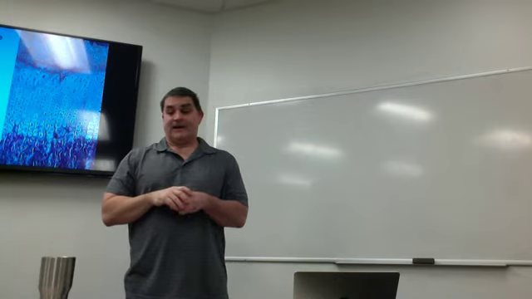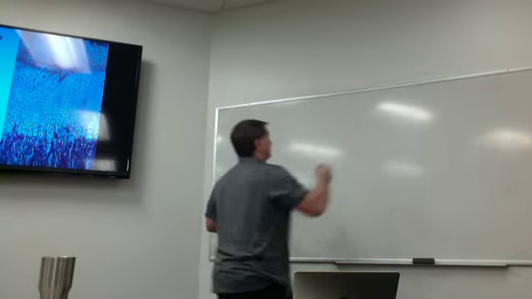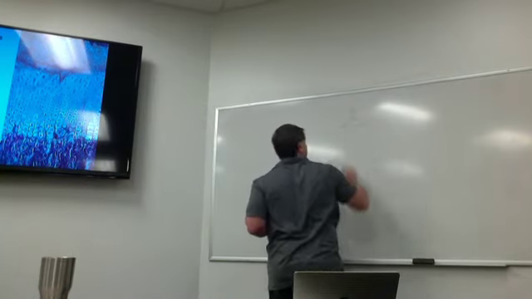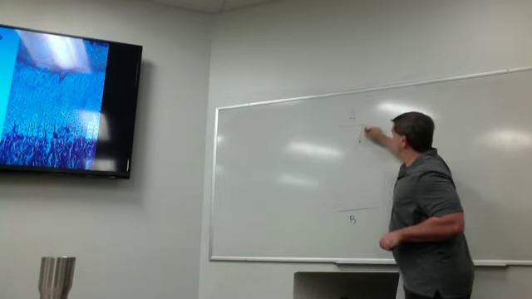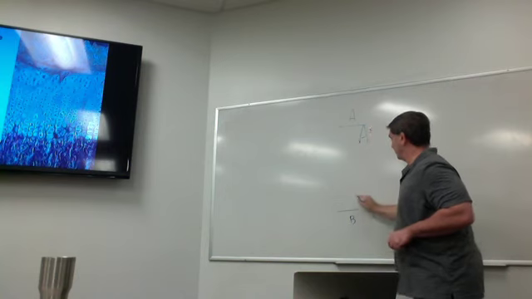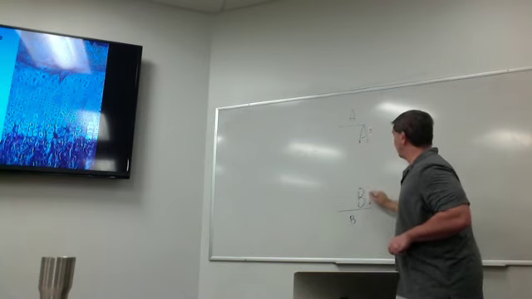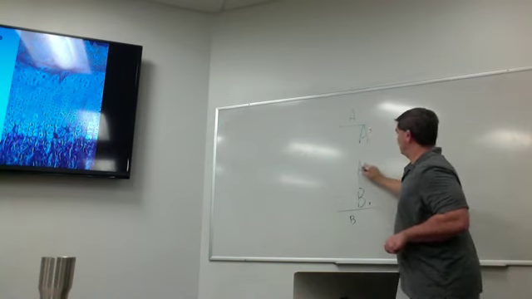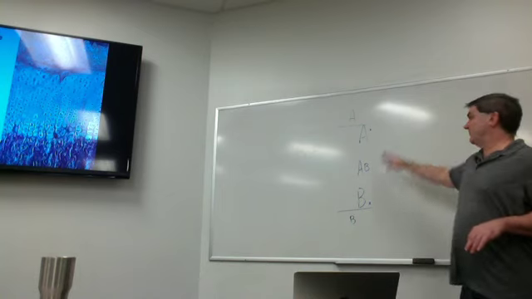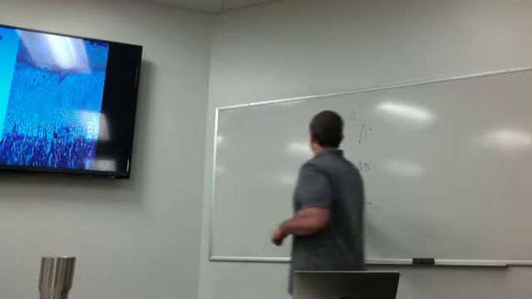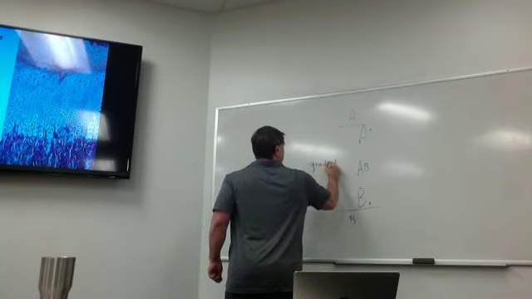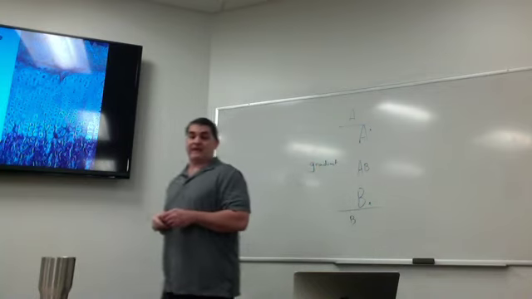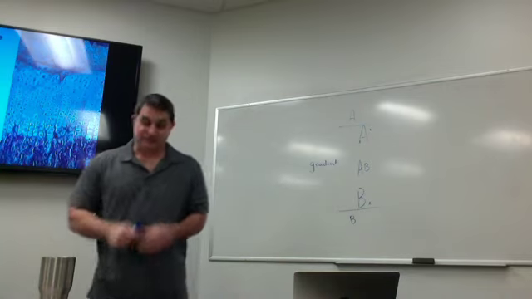So if you had A signals and B signals, this area was getting a lot of A and a little bit of B. This area is getting a lot of B, a little bit of A. This one's getting about the same of both. Okay. So there's a mixture. So this is what we call a gradient, or a developmental gradient. That's something that happens a lot in biological systems.